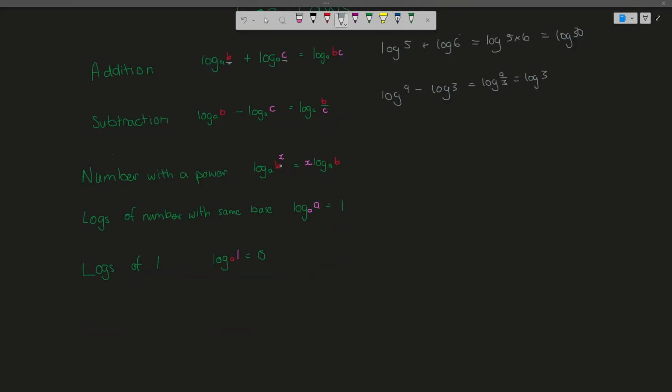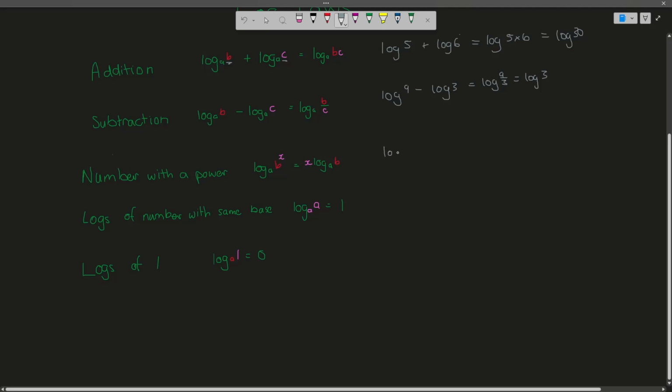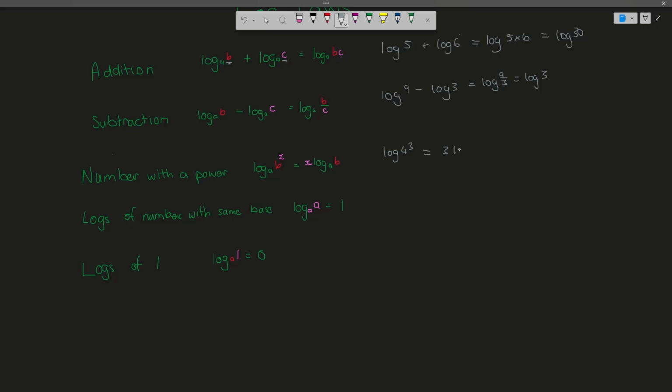Whenever you log a number with a power, the power can simply be put out the front. So, log 4 to the power of 3 is equal to 3 log 4. When you log a number with the same base, it always equals 1.